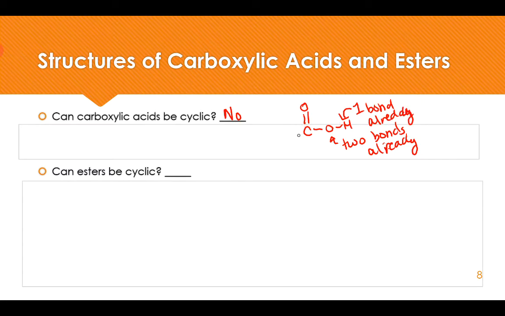And this carbon already has 3, so it can only form 1 more. So carboxylic acid functional groups can never be cyclic. Carboxylic acid functional groups are always terminal. They're always somewhere at the ends of your molecule, much like aldehydes were.